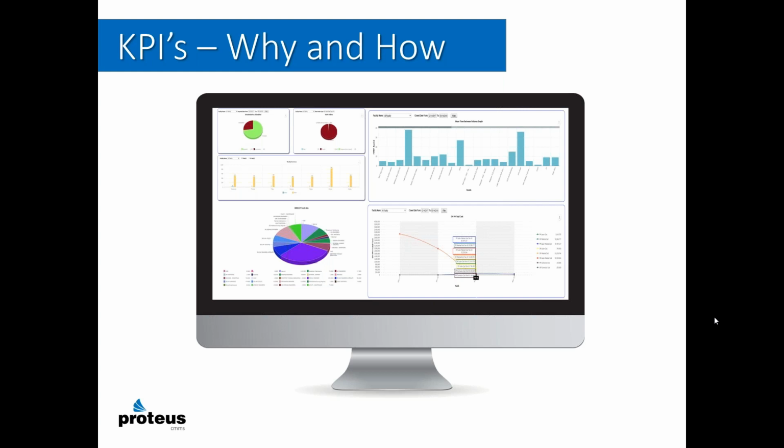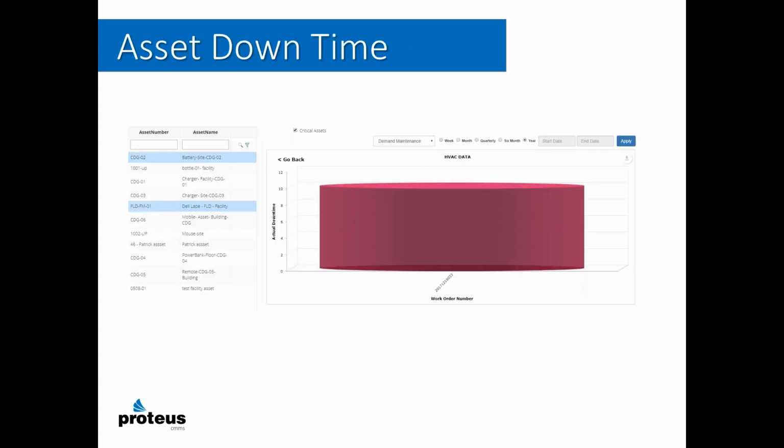So let's take a look at some of the KPIs. In the manufacturing center, one of the most critical is looking at assets by downtime. And we've got clients that look at this in bar charts, line charts. How you look at it is, again, a personalized type of thing. But number one, the system allows you to identify critical assets.